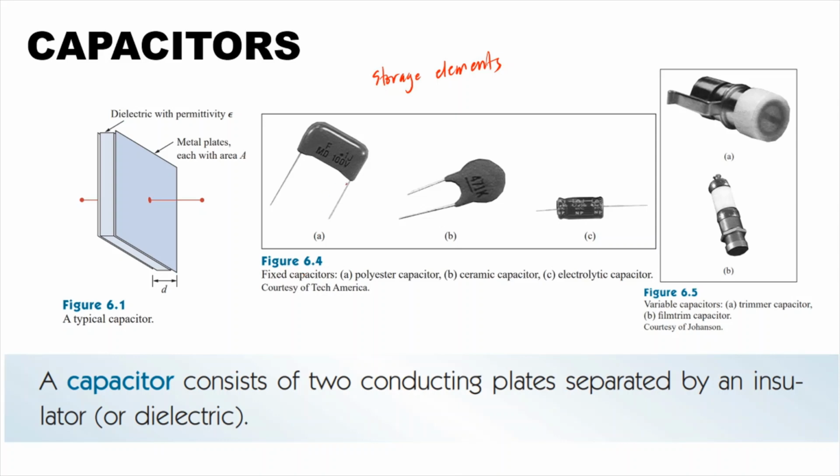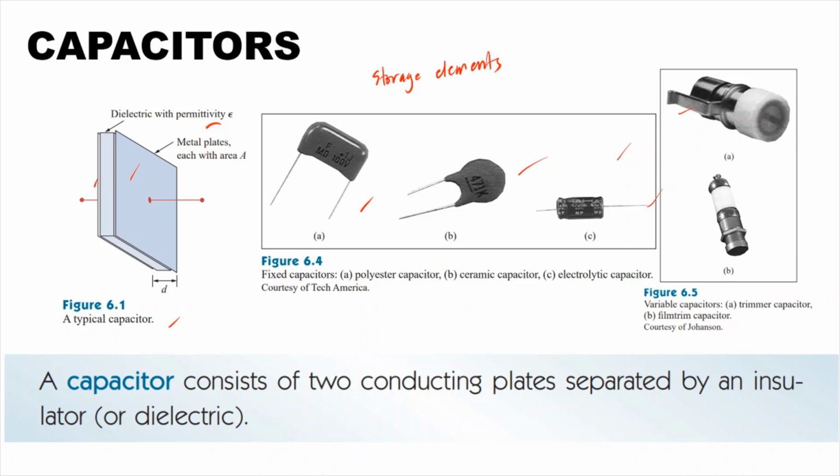So, ito yung mga itsura ng capacitor kapag tinignan nyo yung mga IC boards nyo, yung mga integrated circuits sa mga equipment, appliances, etc. The typical representation of a capacitor is like this. In figure 6.1, we have two parallel metal plates separated by a dielectric material with a certain permittivity.